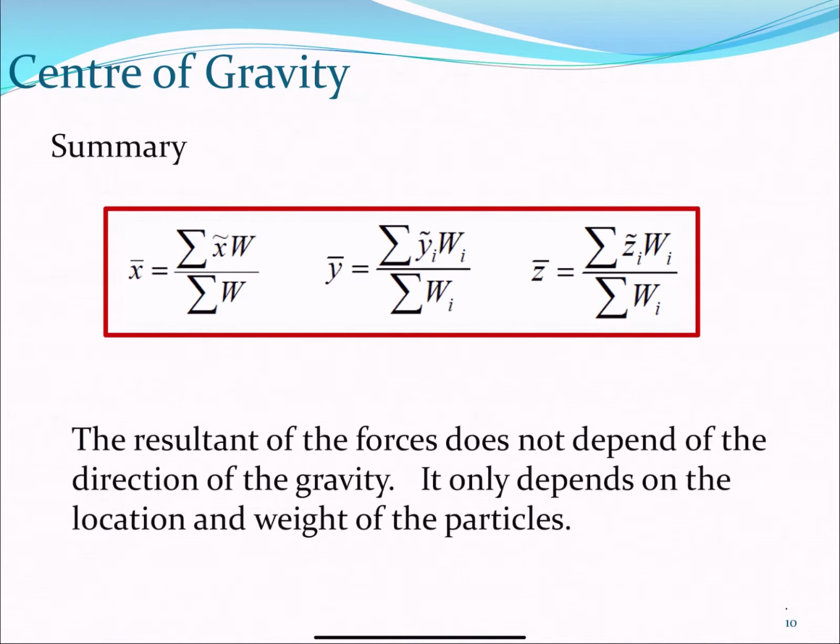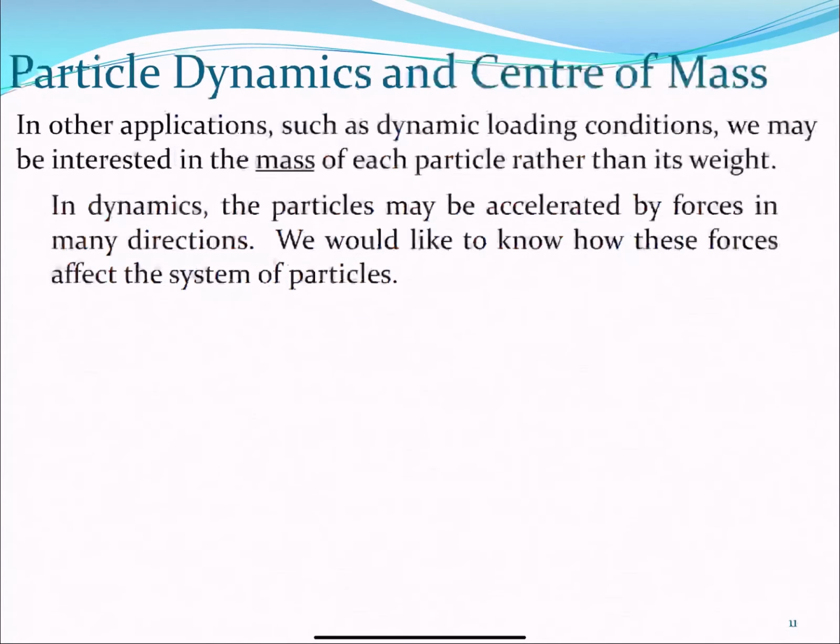In the expressions above, the direction of the gravity didn't actually play a role. So these coordinates, x bar, y bar, and z bar, are independent from the assumed direction of the gravity. Now, a related concept is the center of mass.